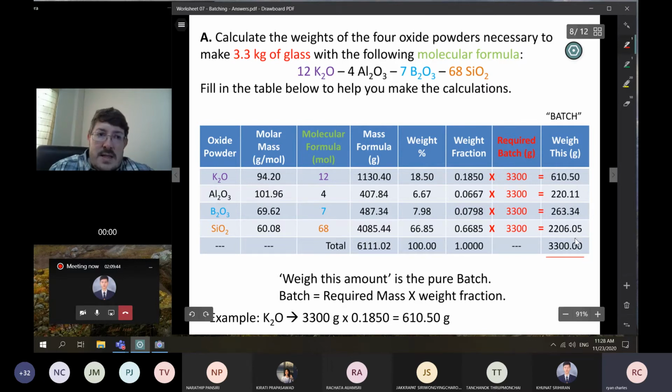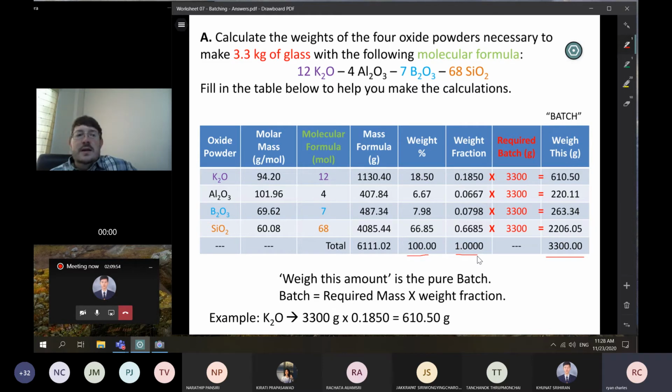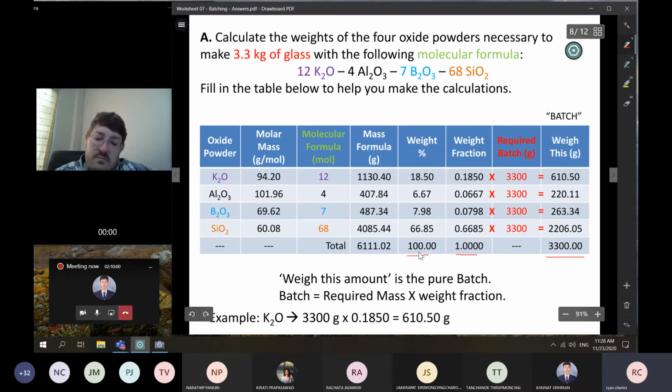It's very easy to get these to add up to what they should, right? You shouldn't be off by 4, 5, 6, 20 grams, as some of you are, right? That's just being sloppy. Don't be sloppy, right? If it should add up to 100, figure it out, right? If it should add up to 3,300, figure it out, all right?